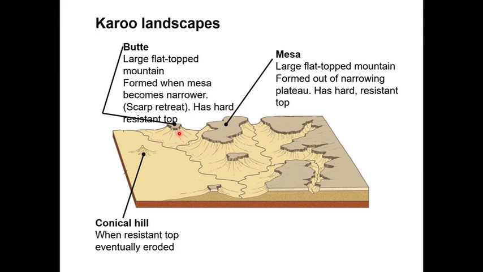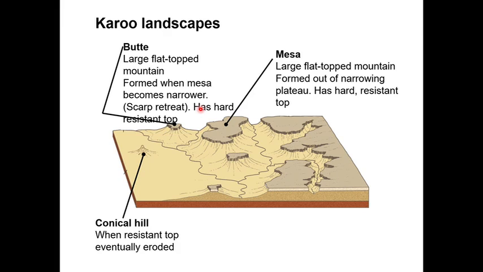This butte is just a smaller mesa, and that's exactly what it is. This mesa could have been cut up, eroded again, and become smaller, also by means of scarp retreat. So here we've got our butte, here we've got our mesa. It's just a smaller version of your mesa. Also, it has a hard, resistant top.